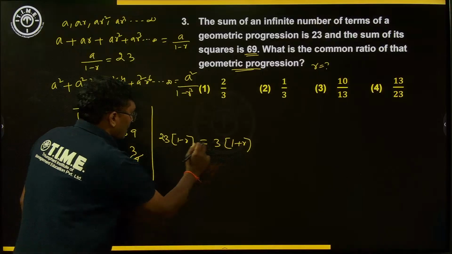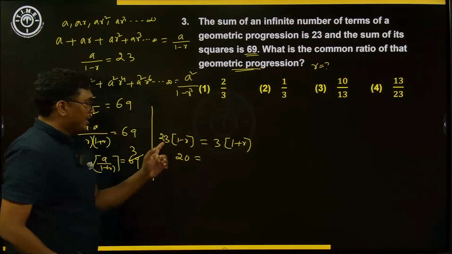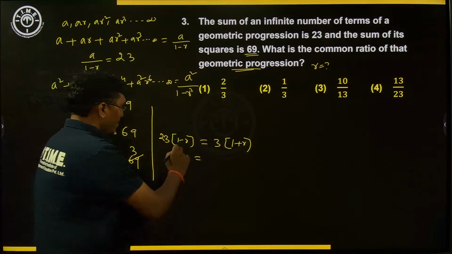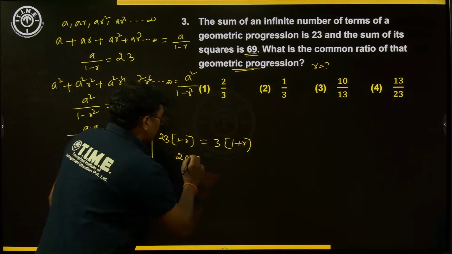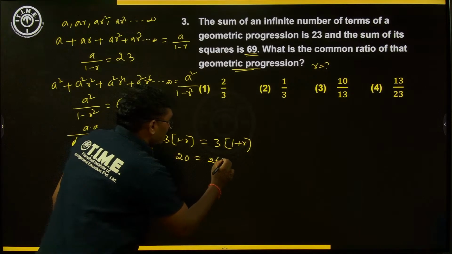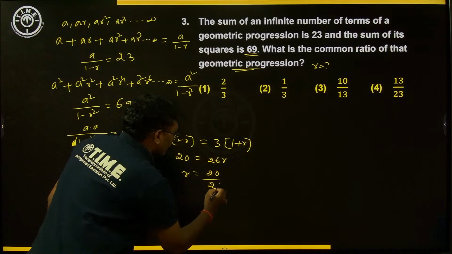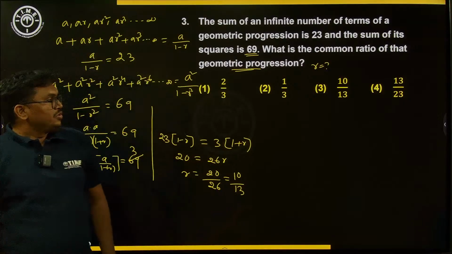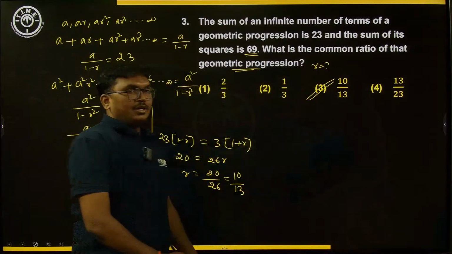So 23 minus 3, that is 20, is equal to 23R plus 3R. That is 26R. So R is equal to 20 by 26, that is 10 by 13, right? So the answer is choice 3, 10 by 13.